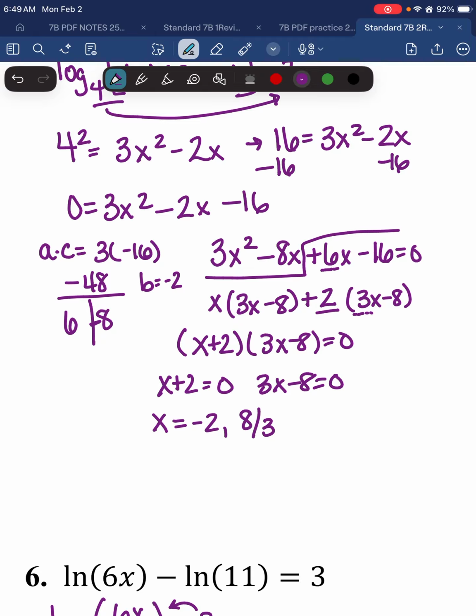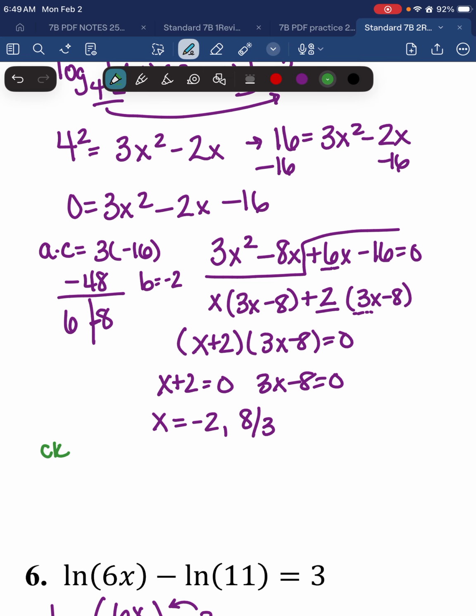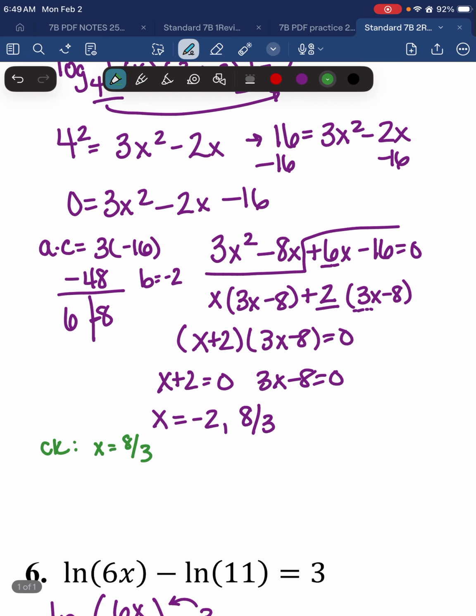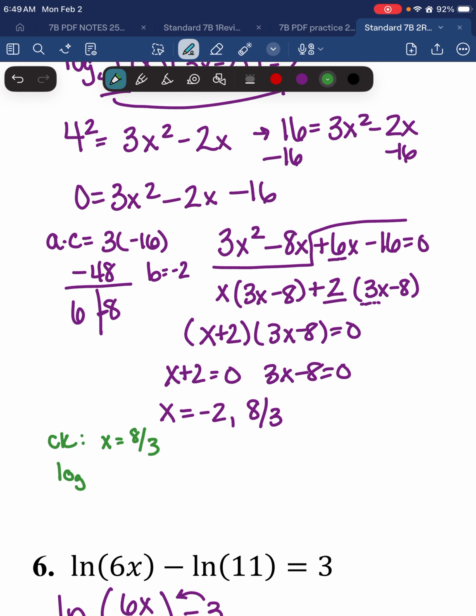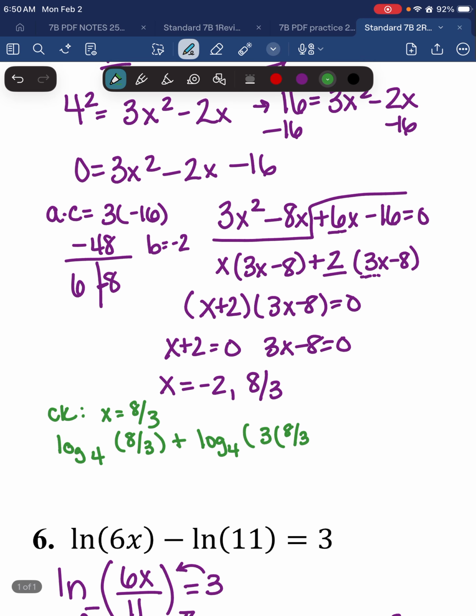Now when you check this, just like we check the other problems, we always have to check to see if logarithms of negative numbers exist, and then also if our products are right. So I'm going to start with the 8 thirds. So check. x equals 8 thirds. So I'm going to have in the first parenthesis log 4 of 8 divided by 3 plus log 4 of 3 times 8 divided by 3 minus 2.